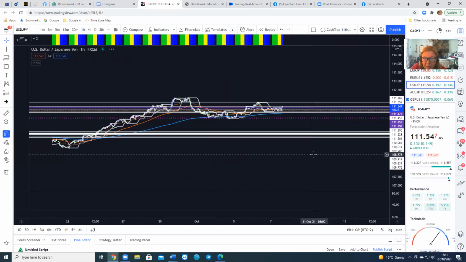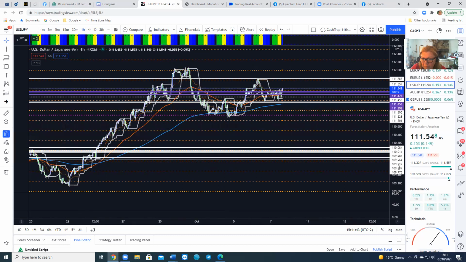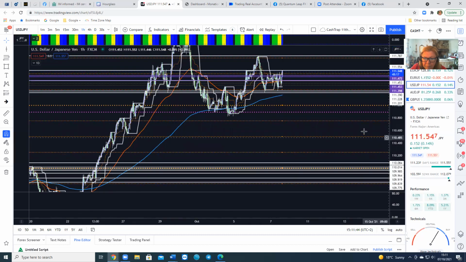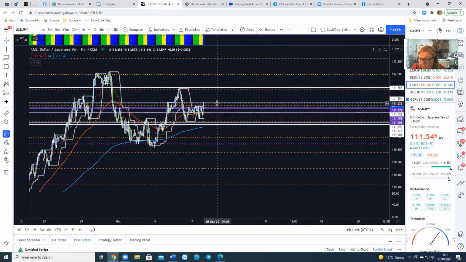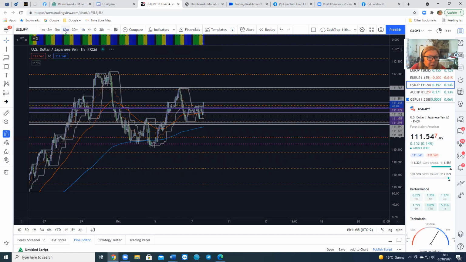And let's come down to the hourly again. And it's wicking off that 562 level. Our next trade is going to be in 4 minutes time.